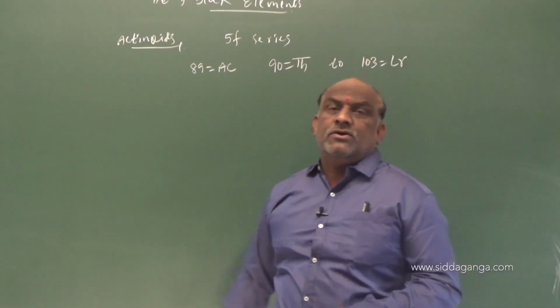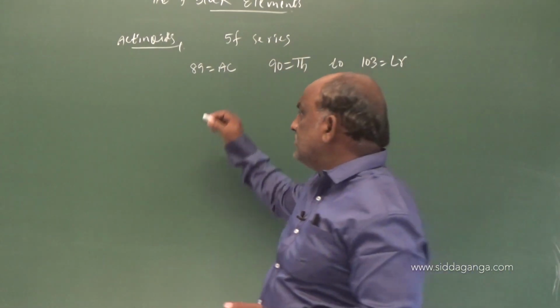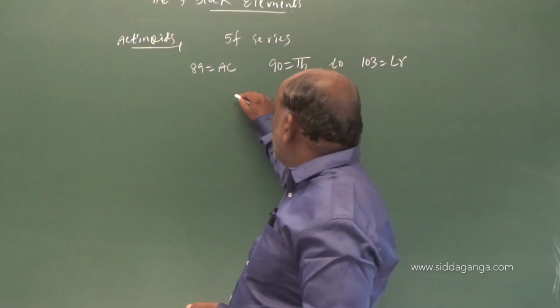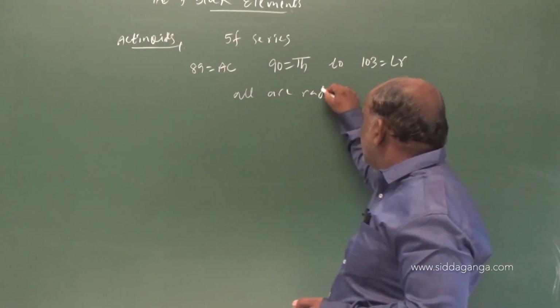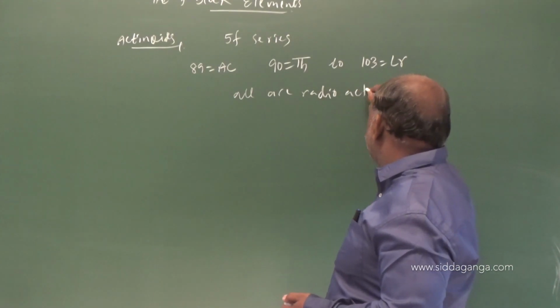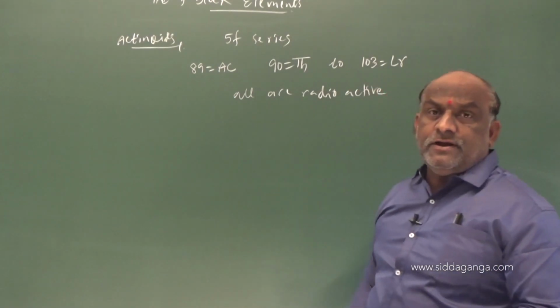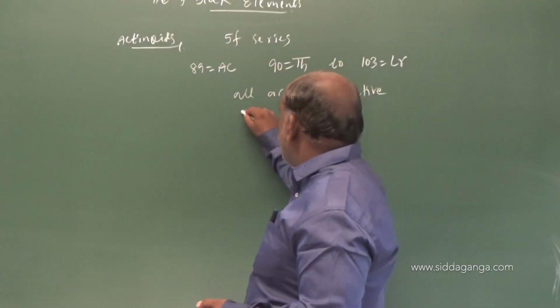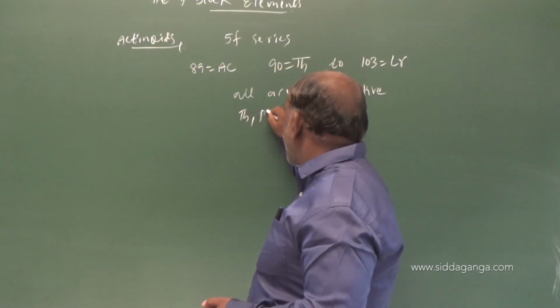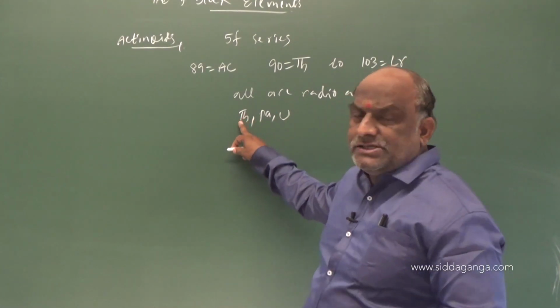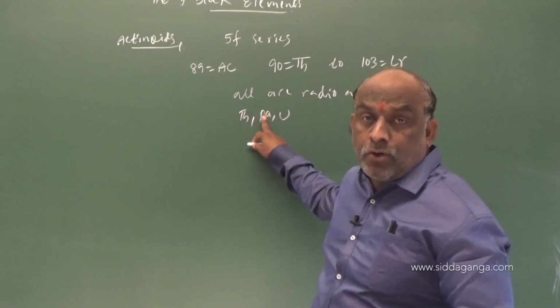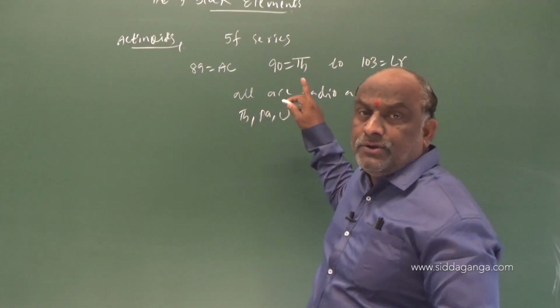In these actinoids, you should remember one point: all are radioactive elements. Atomic number 90 is thorium, 91 protoactinium, 92 uranium.